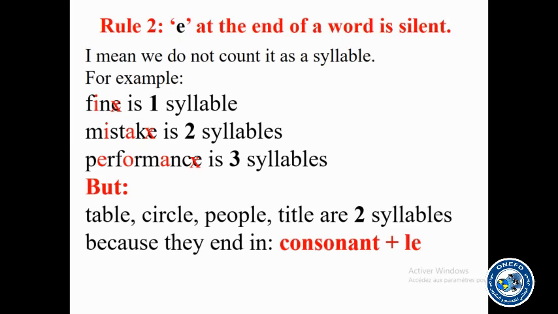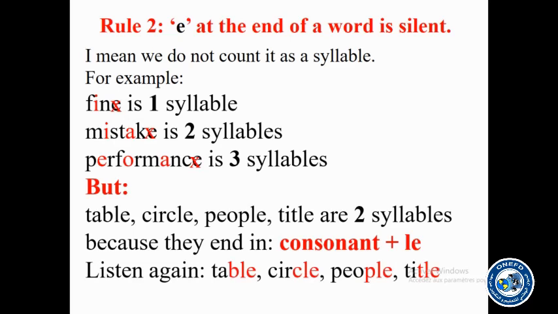Because these words end in consonant plus le. So I repeat again, the final E is not a syllable except if we have a consonant plus LE. Here we count it as a syllable.